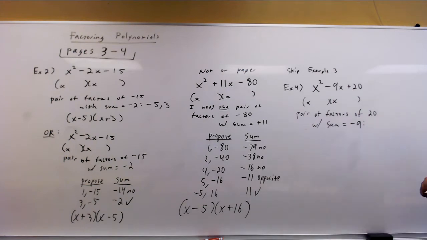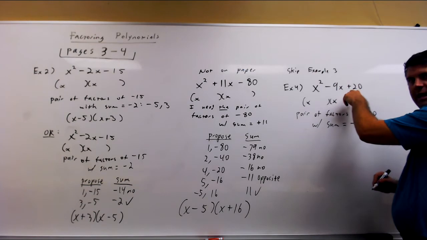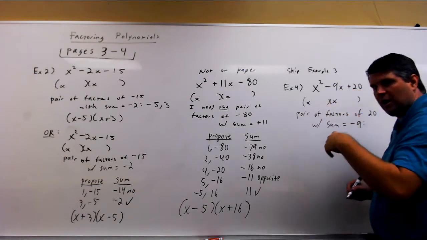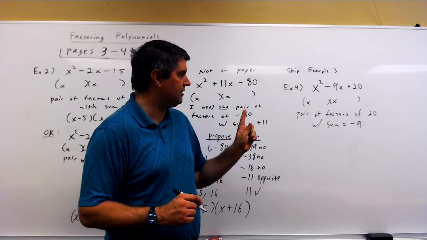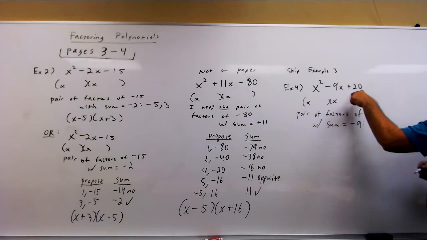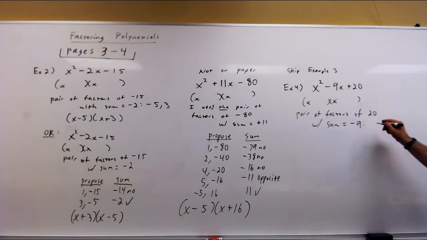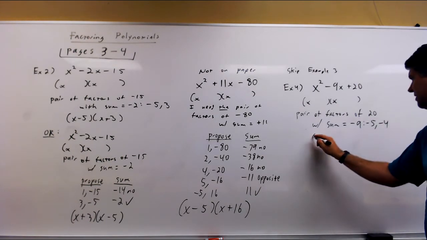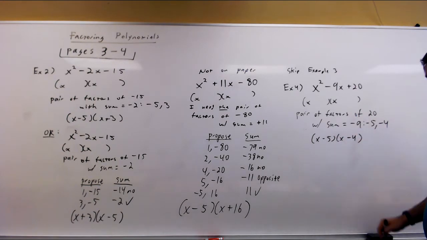Well, when I think factors of 20 that have a relationship with 9, I normally think 4 and 5. But this has to be positive 20, and the sum has to be negative 9. So that's going to be negative 5, negative 4. So x minus 5, x minus 4.